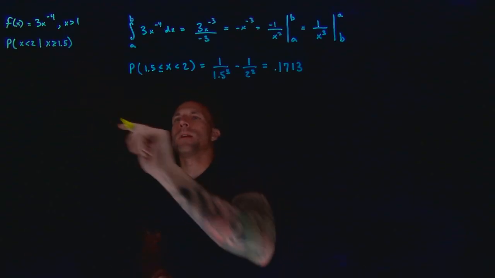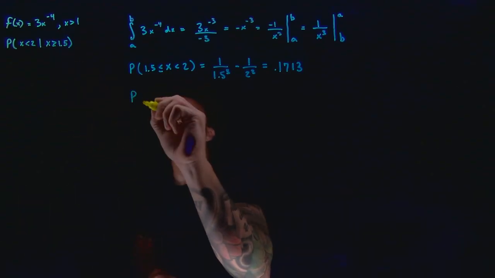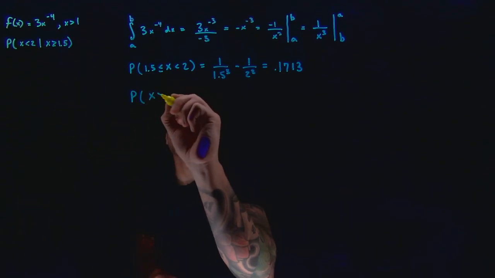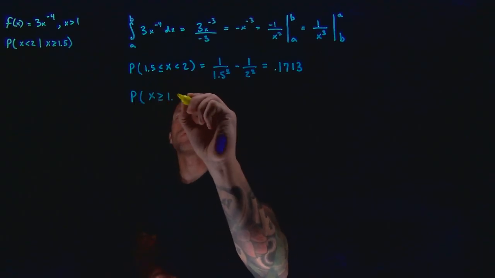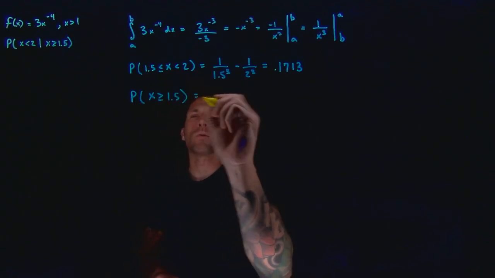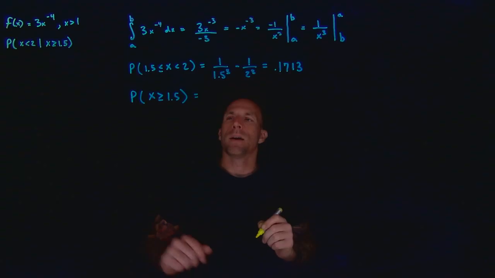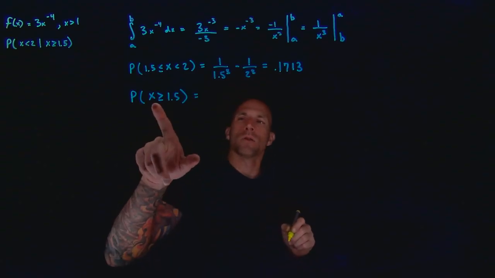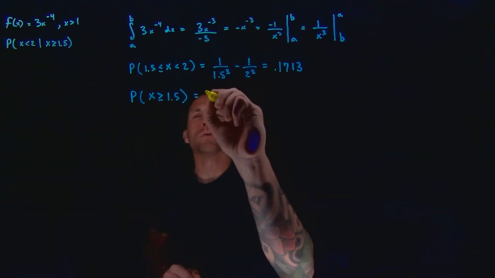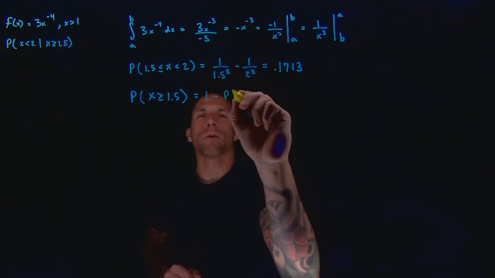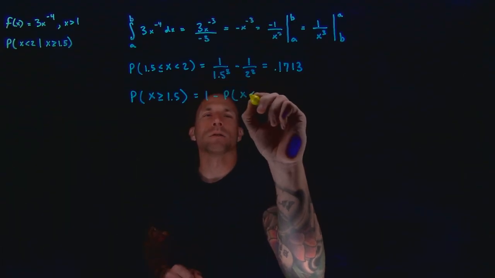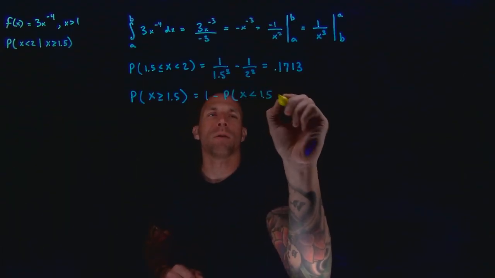And then for the denominator, this one may be a little bit trickier. X must be greater than or equal to 1.5. So another way to say that is 1 minus the probability that x is less than 1.5.